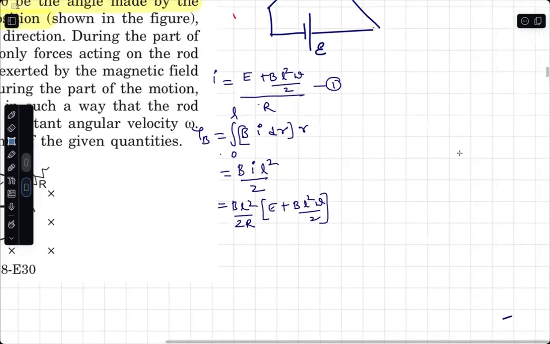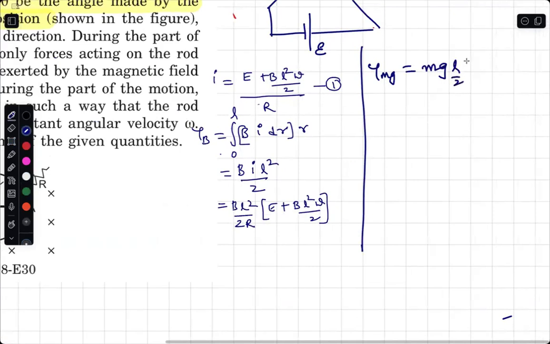Okay, right. Now, what are the other tasks? Just please, fatafat, tell me. Tau mg is, instead of mgl by 2 sin theta, you will write mgl by 2 cos theta.